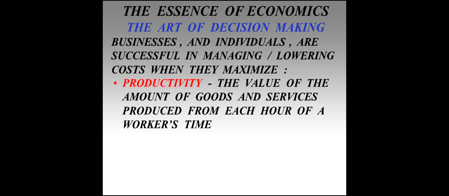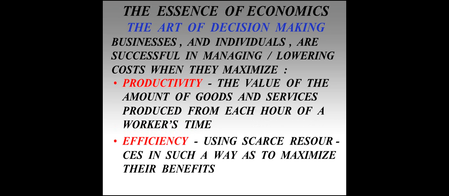How much value they get out of each hour of a worker's time in their business. This increasing productivity, coupled with efficiency, using scarce resources in such ways as to maximize their benefits, together are the keys to lowering costs. And when you reduce costs, you increase profits, accounting profits and economic profits.